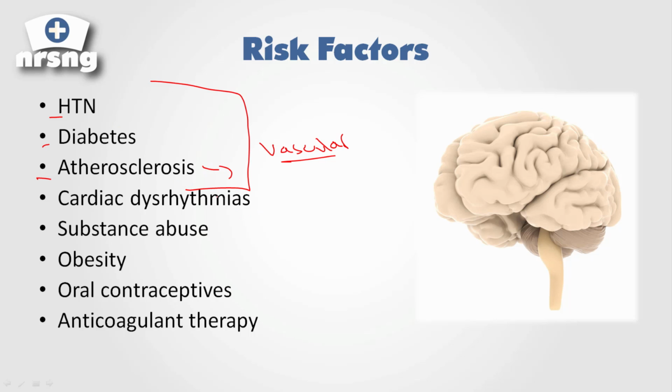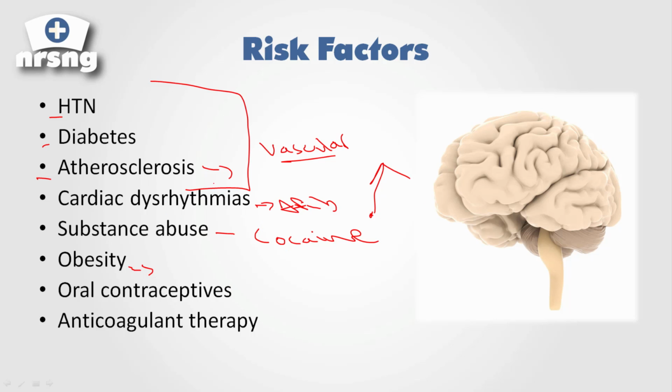We can also have cardiac dysrhythmias. If we had an AFib even, that could cause clots to dislodge and head up to the brain. Substance abuse, a lot of times we'll see patients with cocaine abuse that can lead to stroke. Obesity, of course, we're also talking about vascular issues there, as well as buildup of fat within the vessels leading to ischemic stroke.